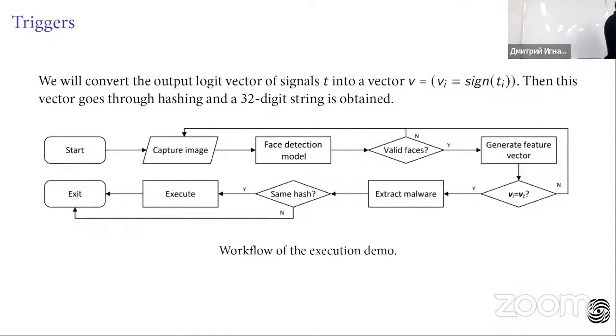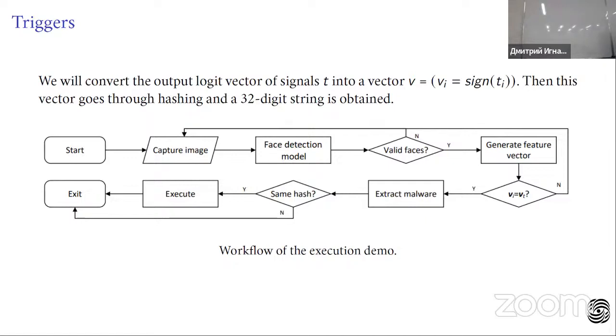So if we embed the payload, how do we run it, how do we execute it? First of all, I want to talk about the trigger, which decides when it will be executed. The trigger works as follows.